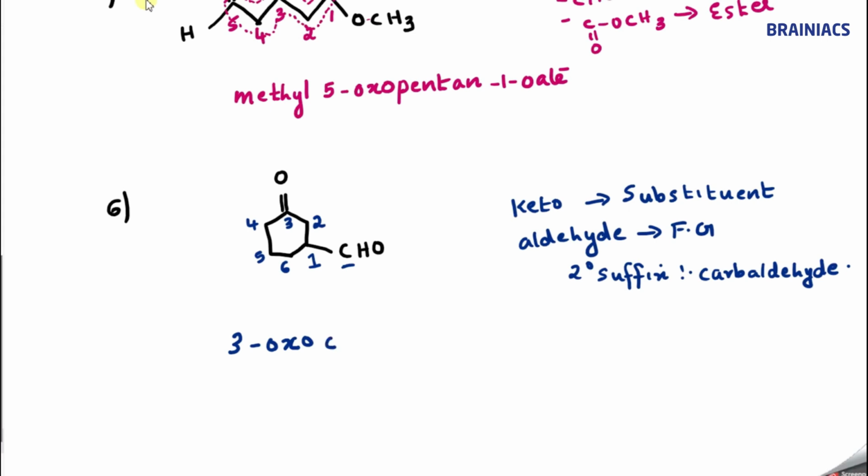So 3-oxo, cyclo, then comes the word root. 6 carbon atoms are there, so hex will come. They are connected through single bond, so hexane. Since CHO is present outside, I can use e here. 3-oxocyclohexane, then carbaldehyde.